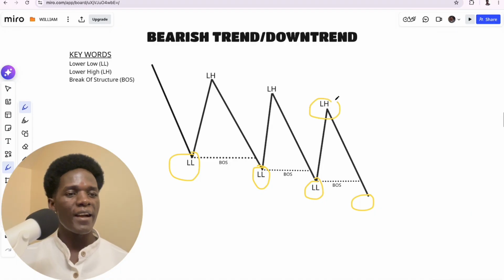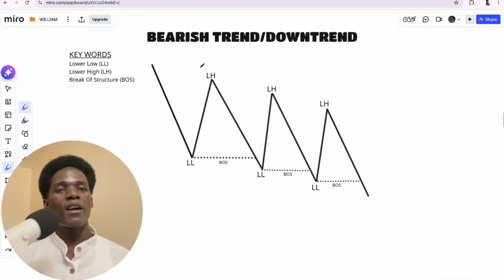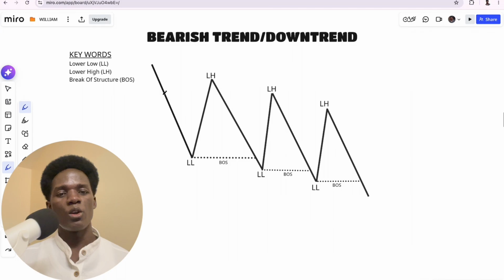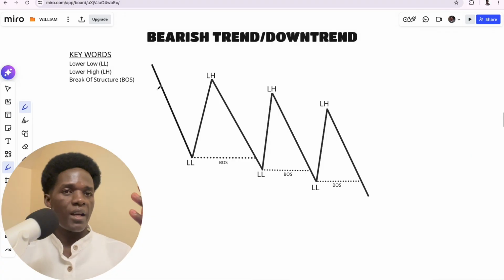This lower high is lower than this previous lower high. And again, it is lower than this previous lower high. That's why they are called lower lows and lower highs. So it happens like the way I showed you in an uptrend.